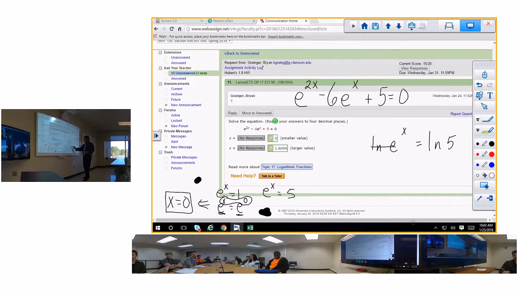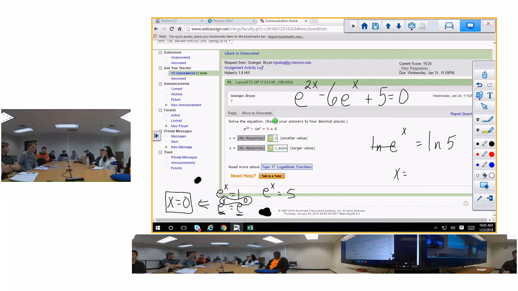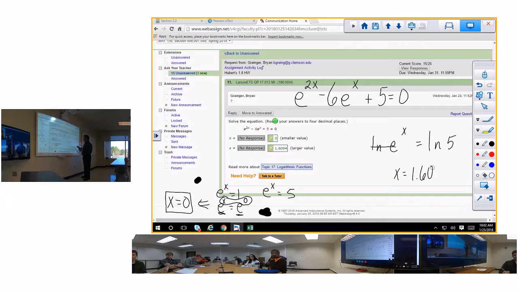And you get x is equal to the natural log of 5. Somebody take the natural log of 5 on your calculator. 1.6, what? 0.94. Yeah.